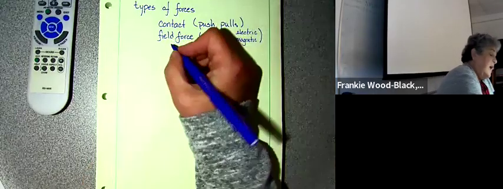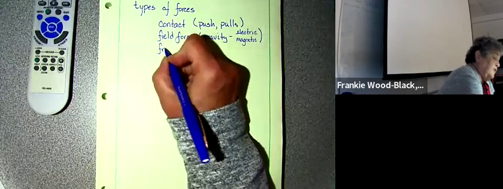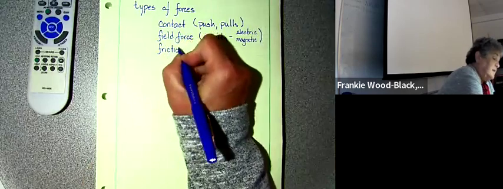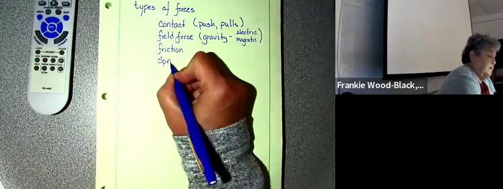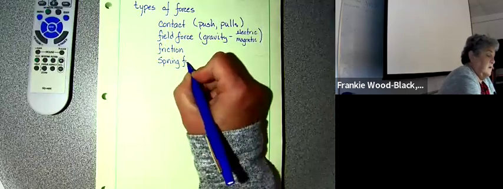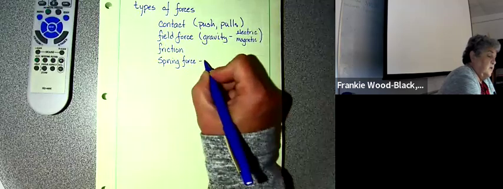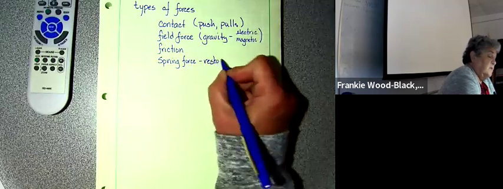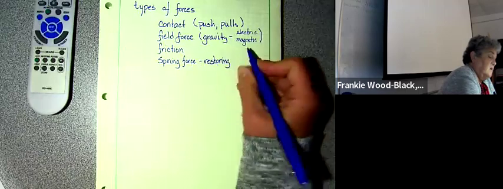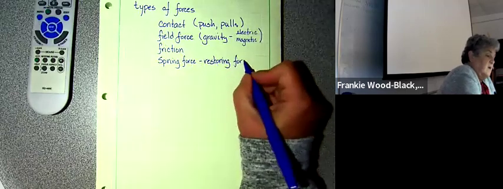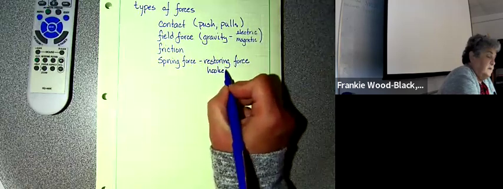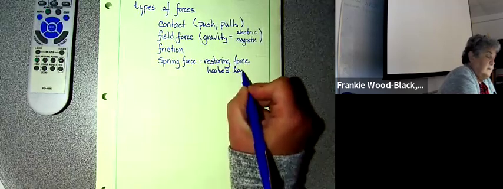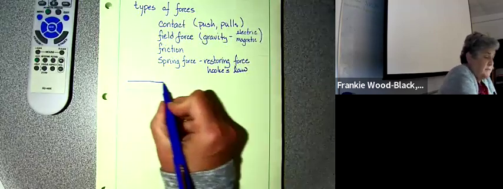We have forces that are related to friction. And we have our spring forces, which is a restoring force related to Hooke's law. So that gives us our types of forces.